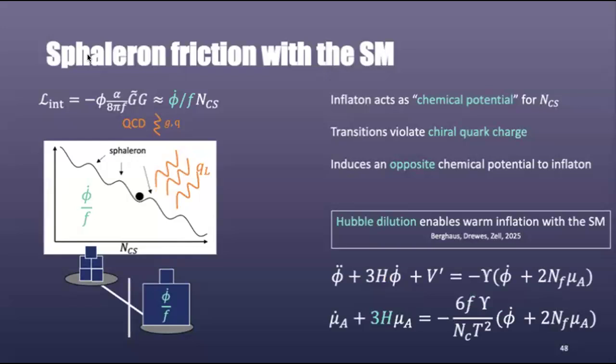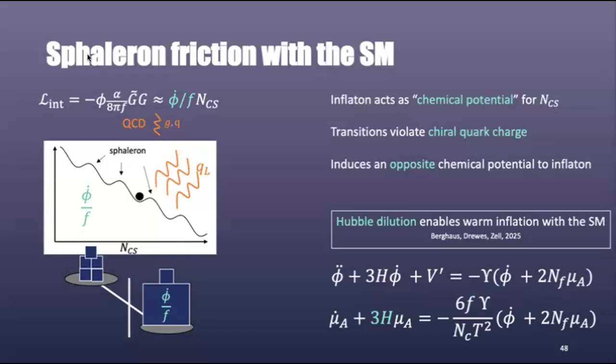One can see this in terms of the differential equations. You can write them down for your inflaton, and then the axial chemical potential of our quarks is also evolving in time. Very crucially here, Hubble cannot be neglected. It is an important effect.